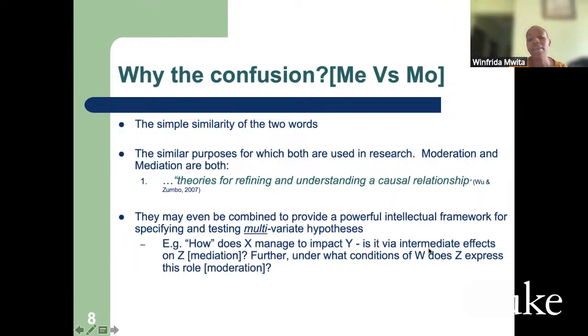Is it via an intermediate effect on Z? This is mediation. Or further, under what condition of W, a moderator, does Z express this role? This is moderation. So there are some papers doing mediation and moderation analysis combined.